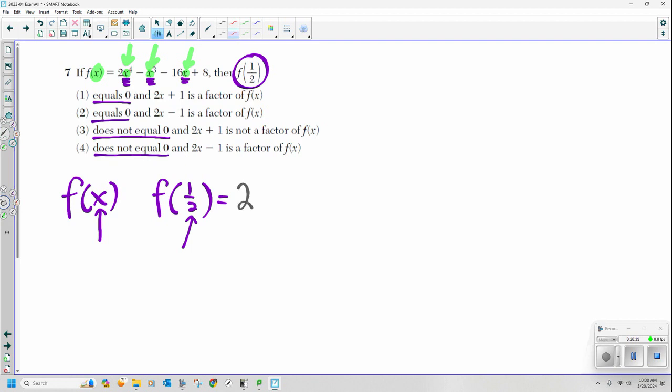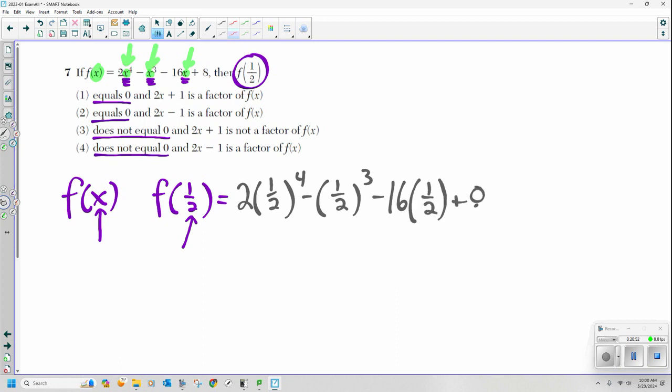So I've got 2 times whatever x is to the 4, that's 1/2, minus whatever x is cubed, again 1/2 in there, minus 16 times whatever x is, that's 1/2, plus 8.